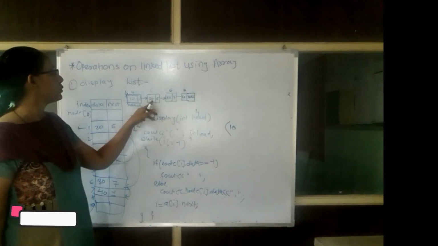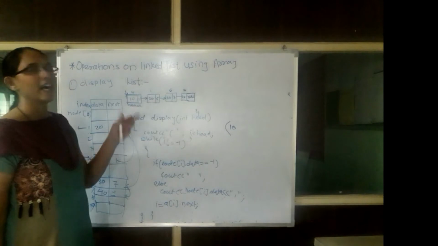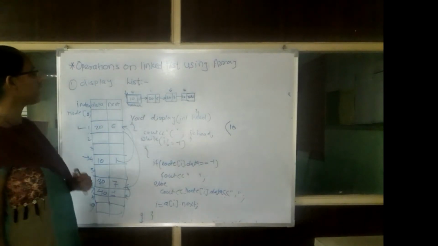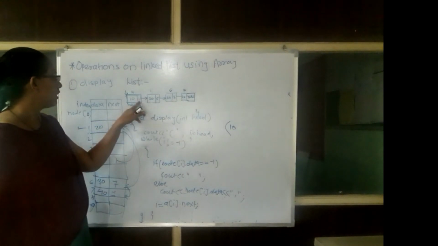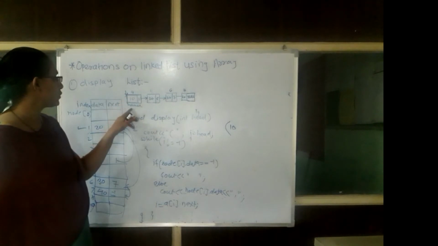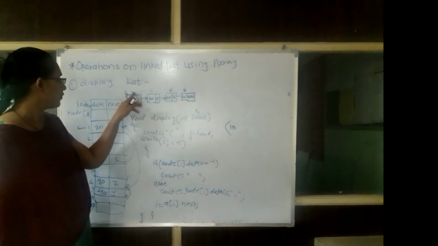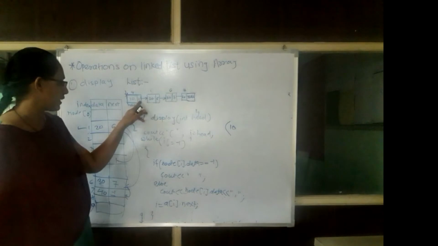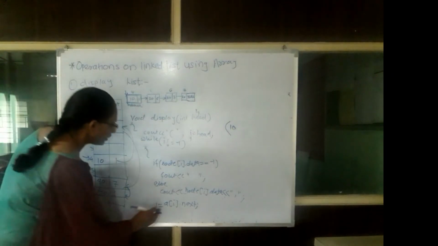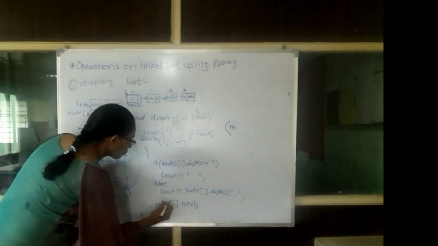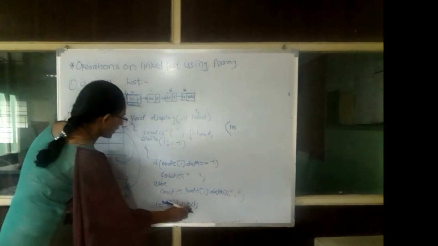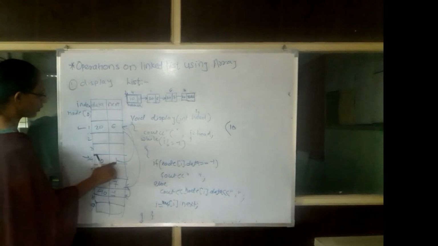So how do we come to know that 20 is stored at which index location in the array? That is from the fourth index next part. So what we are going to do here is node of 4 dot next. What is node of 4 dot next?